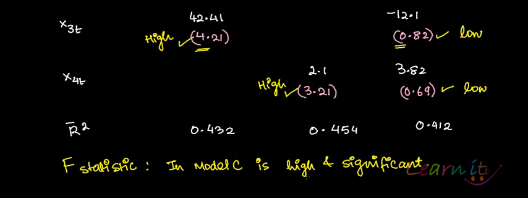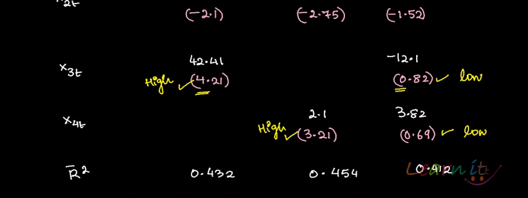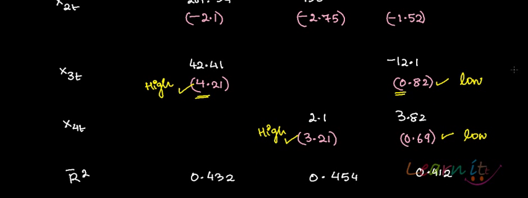Now let me ask you a question. What do you think the F statistic tells you? The F statistic tells you whether all the variables you have included in the model are jointly significant. In model C, you have included all the variables x2, x3, and x4. Individually they are not significant; they have very low significance.